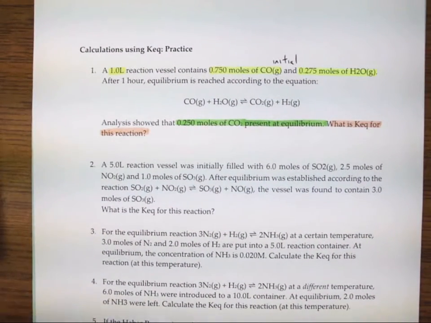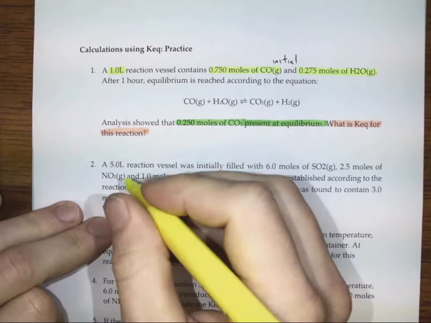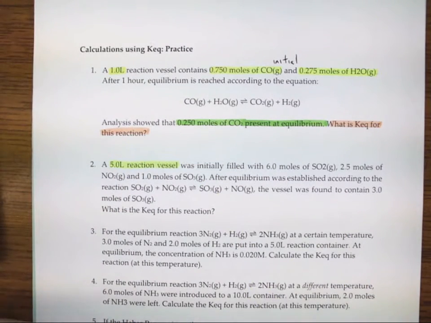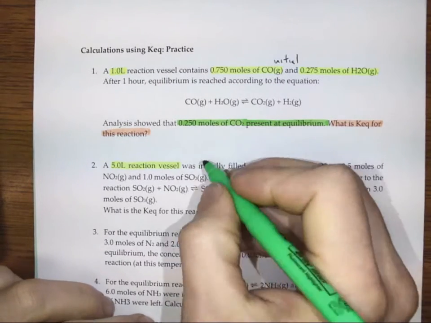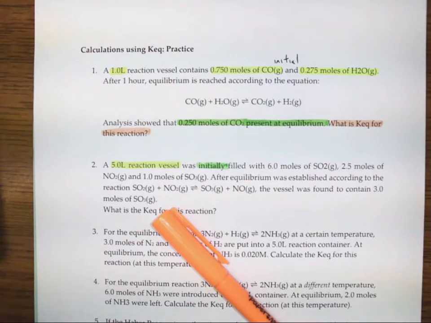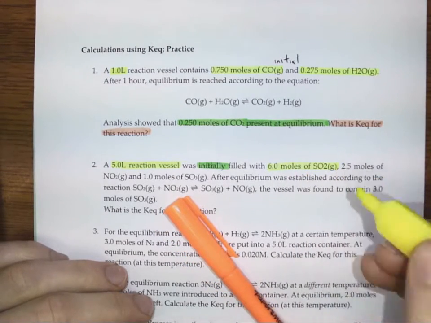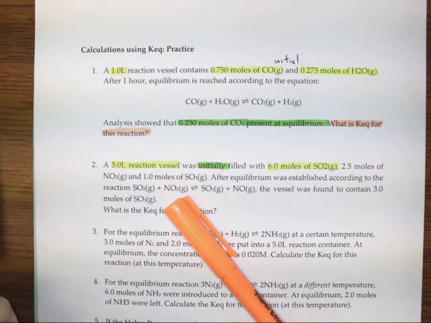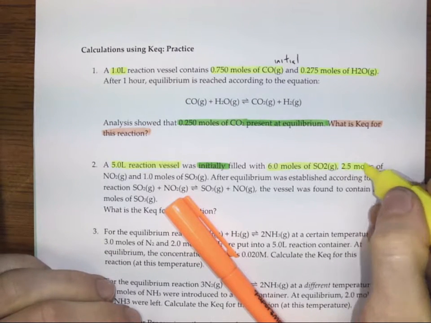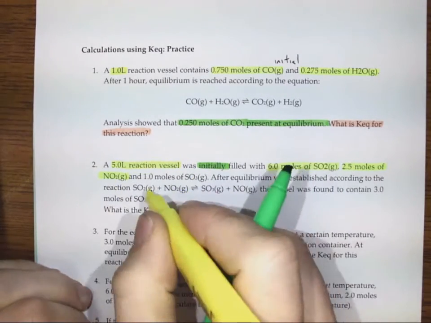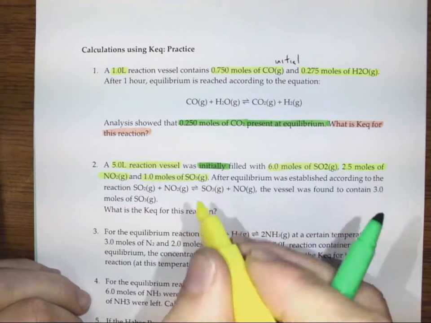This time we've got a 5-liter reaction vessel, and the word initial pops up. That's going to be relevant. It was initially filled with 6 moles of SO2, sulfur dioxide, and also 2.5 moles of nitrogen dioxide, and 1 mole of sulfur trioxide.